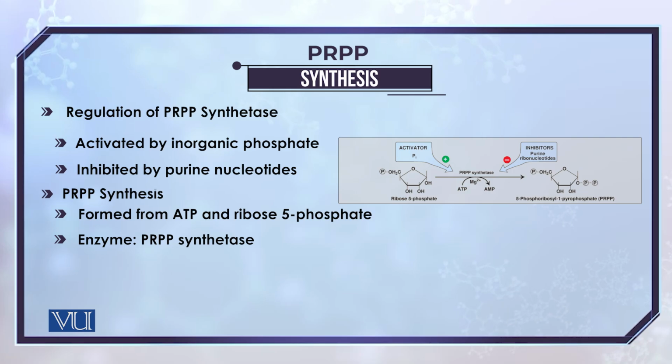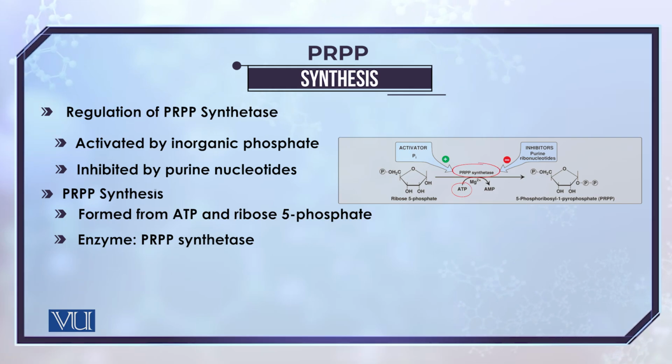As far as the synthesis of purine is concerned, the formation of the first component is 5-phosphoribosyl 1-pyrophosphate, abbreviated as PRPP, and the enzyme involved is PRPP synthetase. Of course, ATP is involved in this formation.